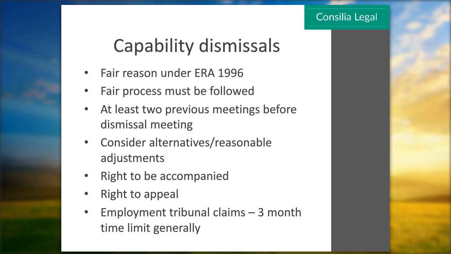It's unlimited damages, and there's an injury to feelings award. So it's in everybody's interest. Employees don't want to bring claims like this, and in fact, just recently, because of the fees regime, my experience is that people are not progressing it to a claim.